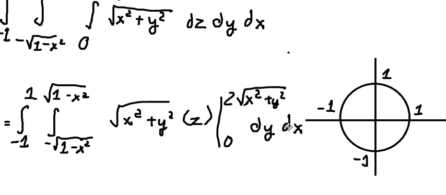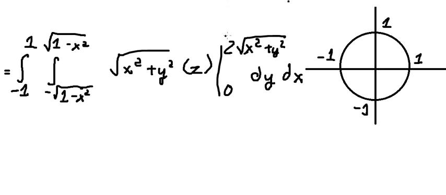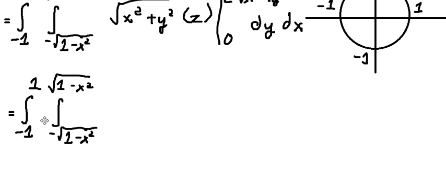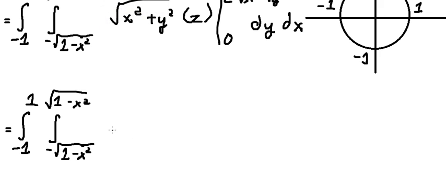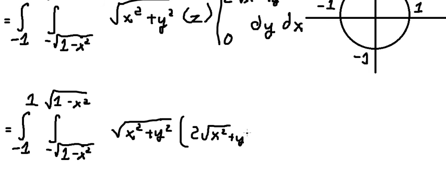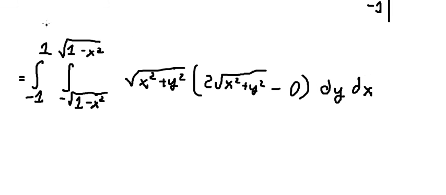Now we put the bounds in, 2 square root of x squared plus y squared, minus 0. So we simplify this one and we have this.